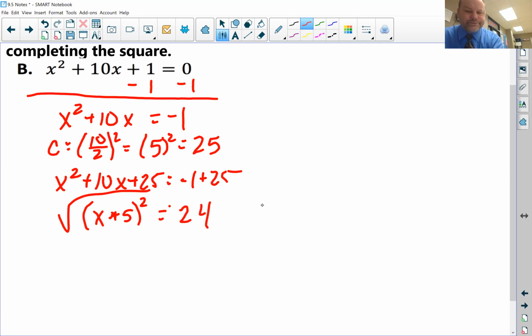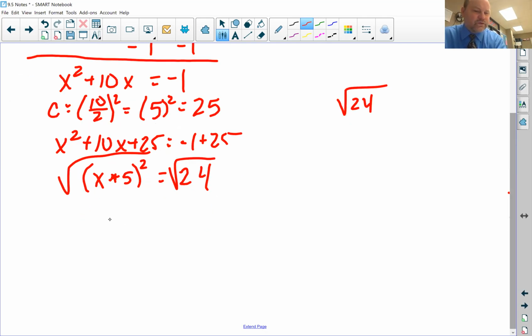Take the square root, and then we'll simplify that in a moment, if we can. On the left, the square root of x plus 5 squared is just x plus 5. Let's see, 24 is even. So I divide by 2, 2 and 12. 12 is even, so I divide by 2, get 2 and 6. 6 is even, so I divide by 2, I get 2 and 3.